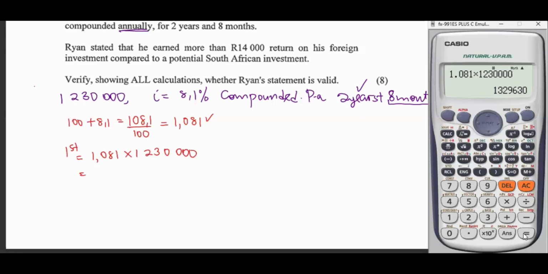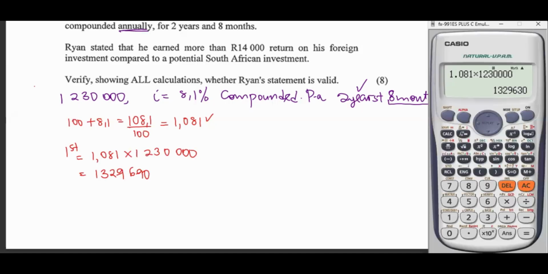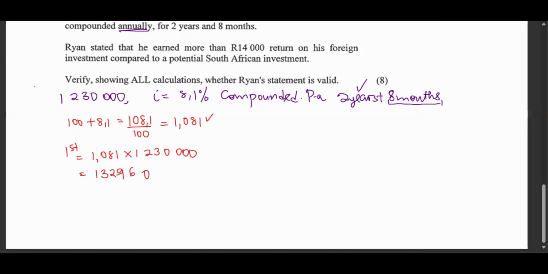So first year we have 1,329,690. I believe it was 690. Oh, 630. Sorry about that. 630. So at the end of the first year, he has this much.